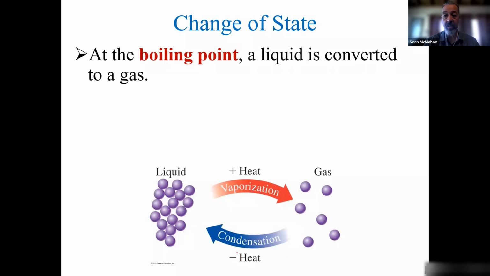We also have boiling, right? So if I'm a liquid and I want to boil and become a gas, I put in heat, but again, initially, when I put the heat in, it doesn't change the temperature, it changes the state. And how is it that it doesn't change temperature? It just takes the particles and moves them further apart. So their motion's not necessarily different.